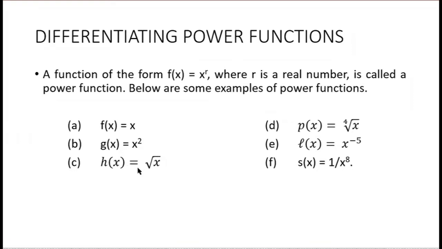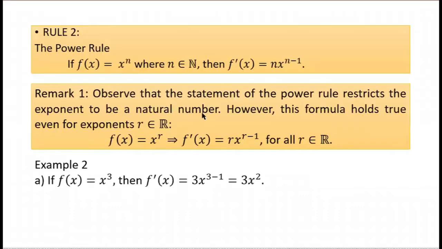P of x is equal to 4th root of x, so ang kanyang power ay 1/4. L of x is x to negative 5, so ang power niya negative 5. S of x is equal to 1 over x to the 8, or x to the negative 8. So lahat na nakikita nyo, ito yung mga tinatawag nating power function.